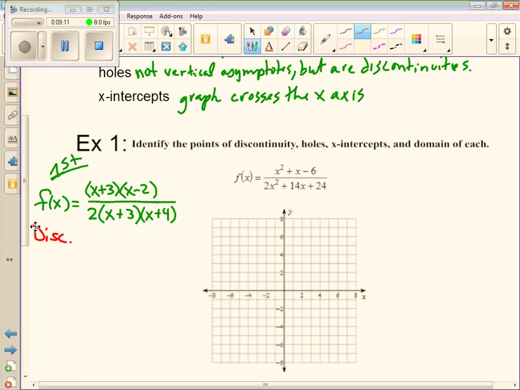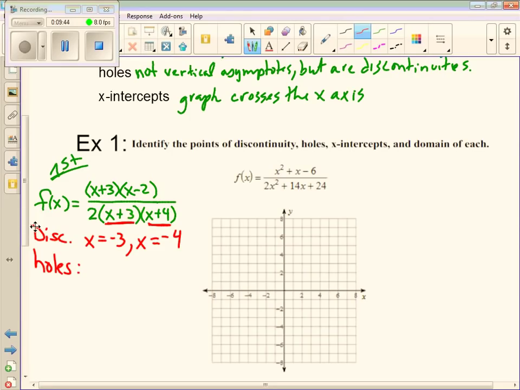These are zeros in the denominator, so they're x equals -3 (or x plus 3), and x equals -4. Those are our points of discontinuity, our denominator's zeros. The holes: holes are the zeros of the numerator and denominator that cancel out.